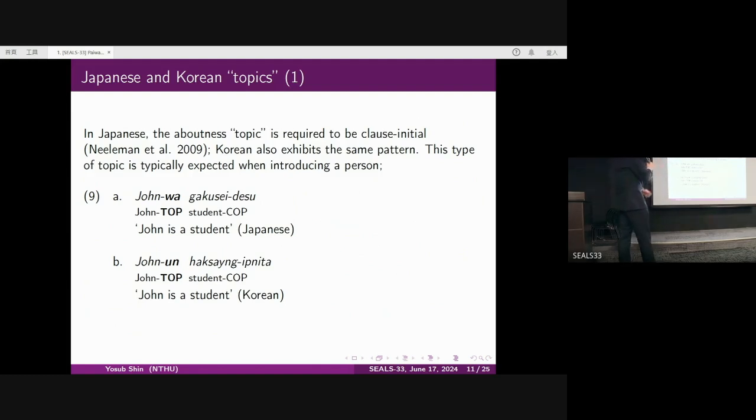In these two languages, we have the so-called about-this topic, which is usually positioned at the clause-initial position and marked with the wa particle in the case of Japanese, as you can see in this example. But interestingly, this about-this topic is not recursive. We can have only one about-this topic per clause.